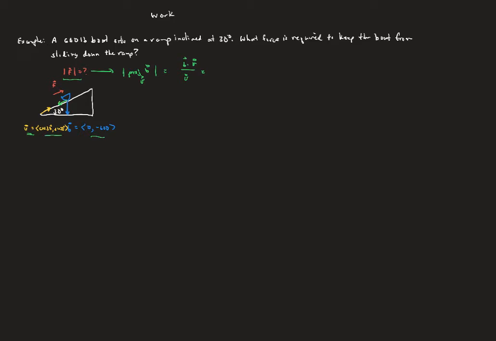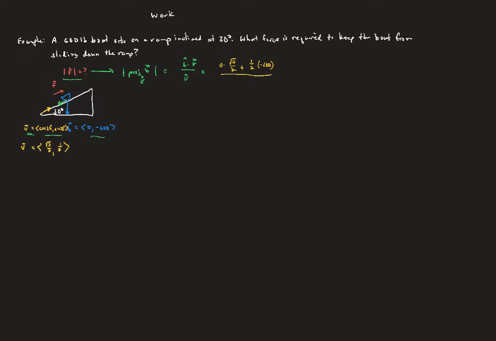And since we know the sine and cosine of 30, the cosine of 30 is going to be square root of 3 over 2, and the sine of 30 is going to be a half. So we're taking B dotted with V, which is our 0 times the square root of 3 over 2 plus 1/2 times the negative 600.